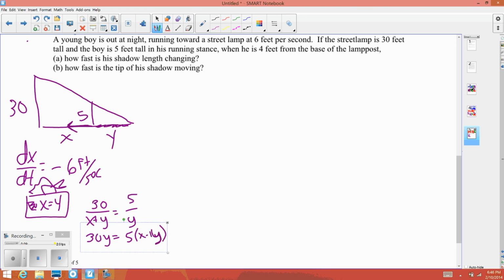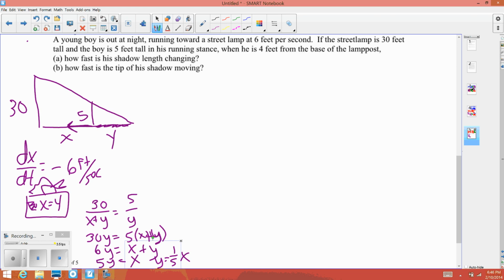I could say 6y equals x plus y, or 5y equals x. All right, or y equals 1/5 x. I don't know which one I'm going to need yet, so I'm just laying it all out there.